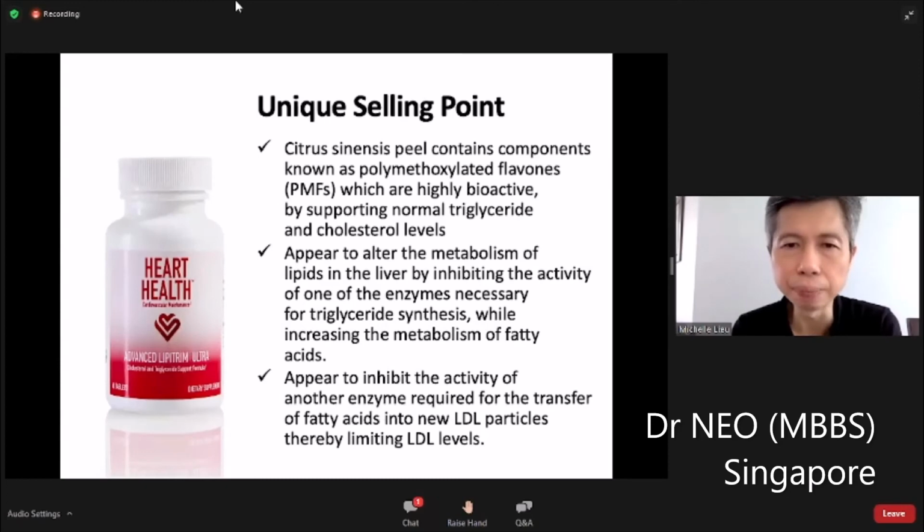Basically, it inhibits the enzyme that's necessary for triglyceride production. It also increases the metabolism of fatty acids, which helps to burn the fatty acids. That's good. It also inhibits another enzyme that's required for production of LDL particles, therefore reducing your LDL levels. So these are the benefits of this particular product.